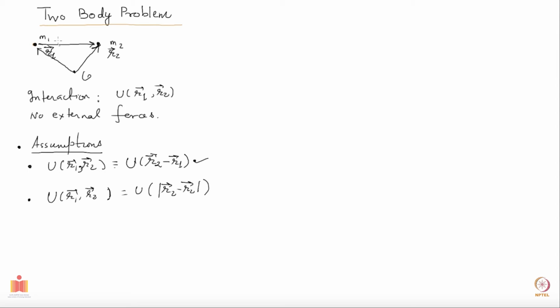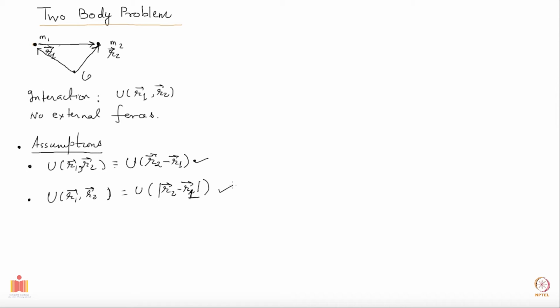If you rotate this entire setup, R2 minus R1 will point in some other direction, and it may depend on it. Here I am being more specific: even if you rotate so that the direction of R2 minus R1 changes, it still does not change if the separation distance is fixed. That is what is meant by this expression, which is also not unreasonable.